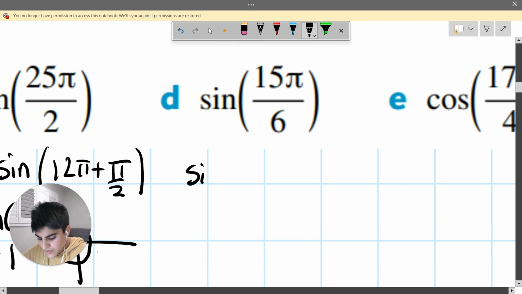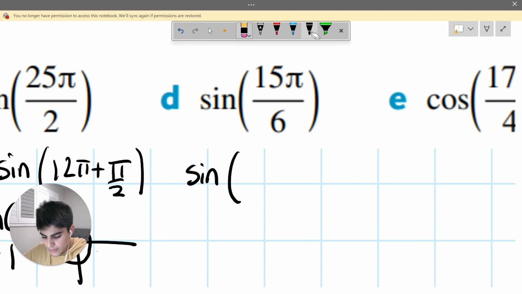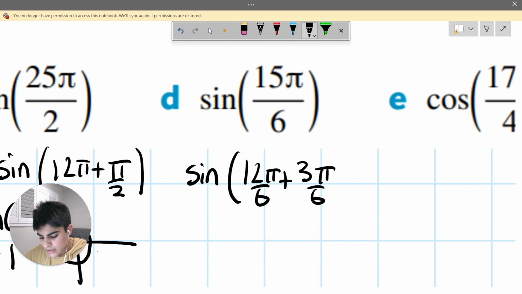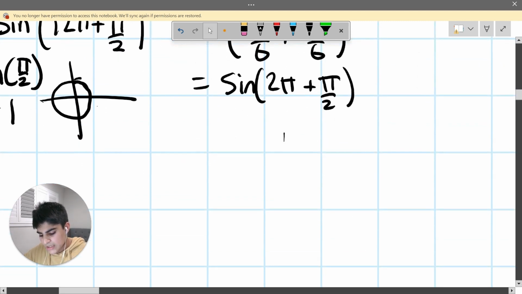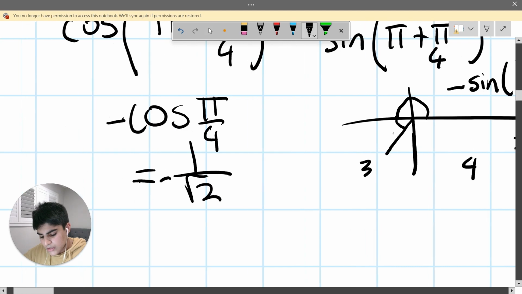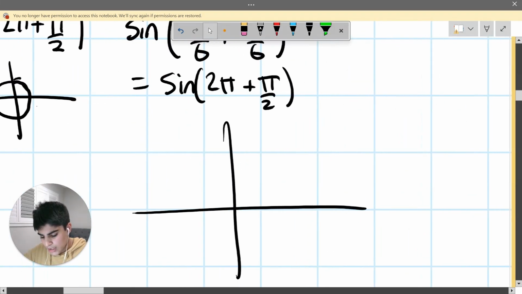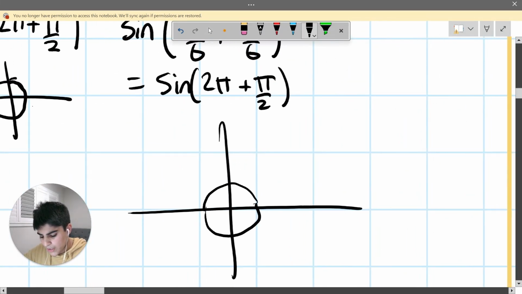Sine 15 pi on 6. Let's break this up. Sine 12 pi on 6 plus 3 pi on 6. This equals sine 2 pi plus pi on 2. Let's picture this out. This is sine pi, sine 2 pi.